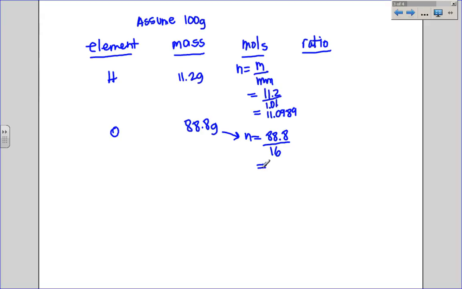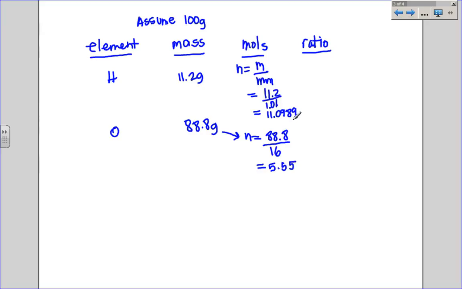The best way to deal with that is to make sure that you're carrying lots of significant digits. So for oxygen, the moles of oxygen that I have is 5.55. So I started here and I had a mass ratio of hydrogen to oxygen, and now I've narrowed it down to a mole ratio of hydrogen to oxygen.